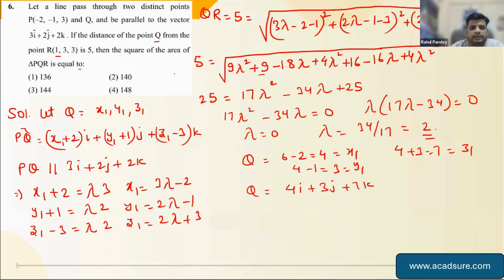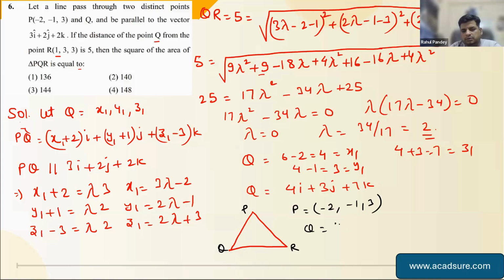We have to find the area of the triangle PQR. P is known, (-2, -1, 3).